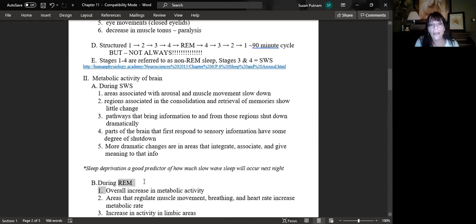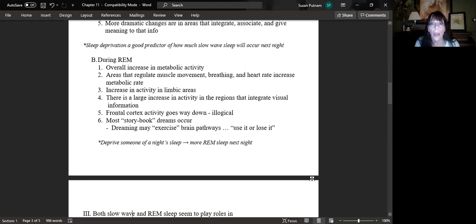Sleep deprivation is apparently a good predictor of how much slow wave sleep will occur the next night in a typical person or animal. And we'll talk a little bit more about that later. But let's move on and see what's happening during REM sleep.